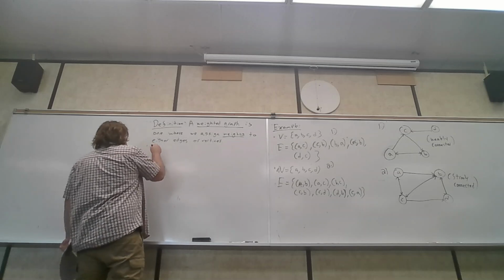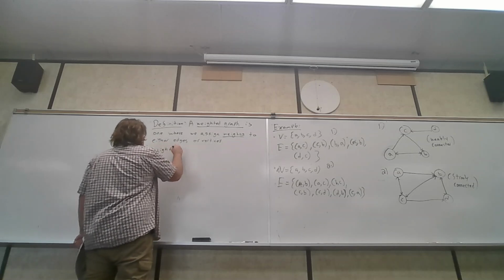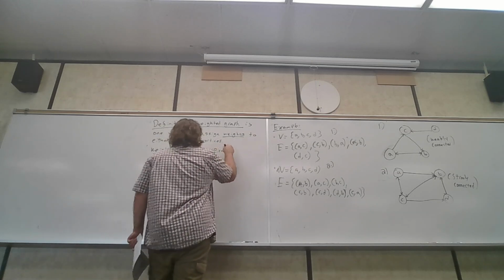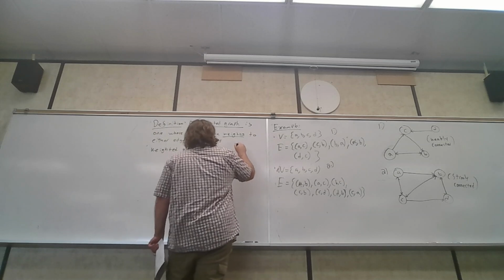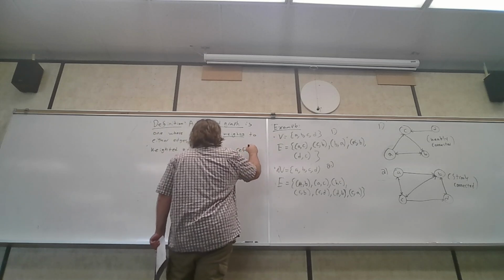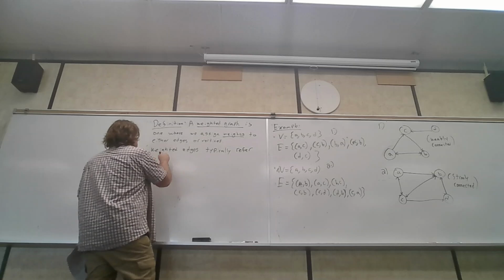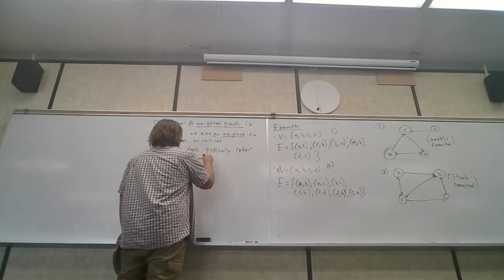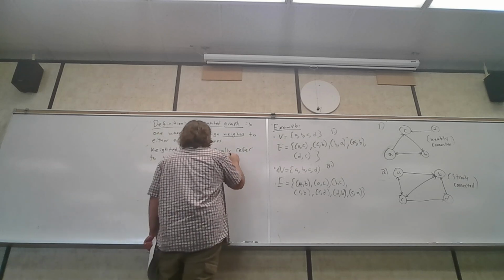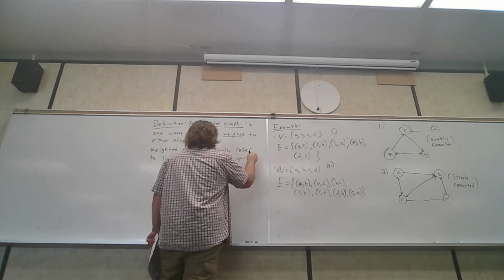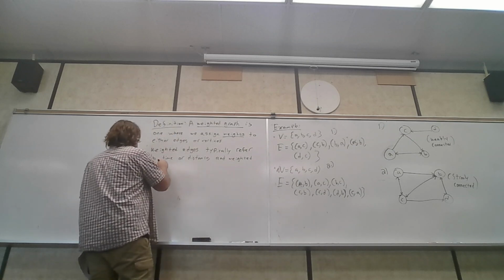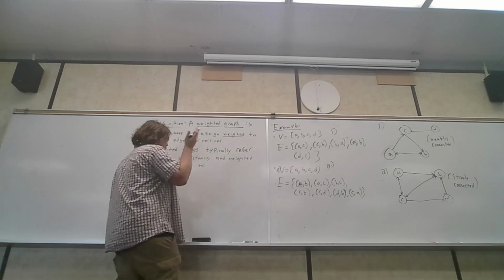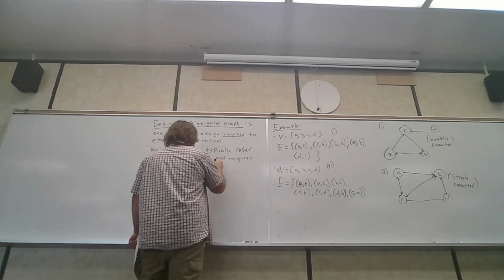So weighted edges typically refer to time or distance, and weighted vertices refer to weights essentially, so priorities.